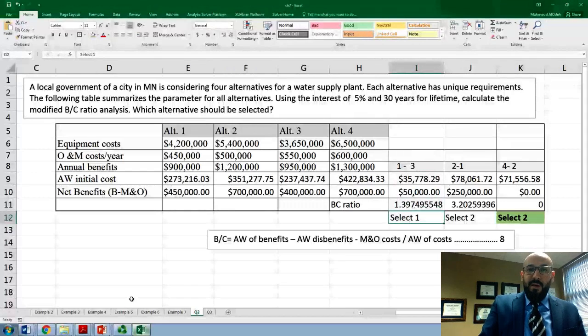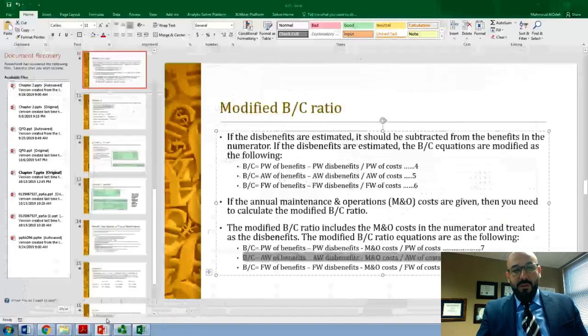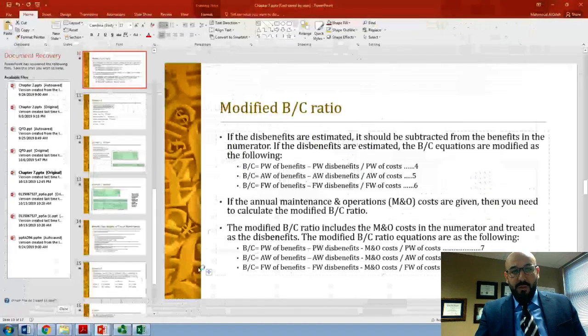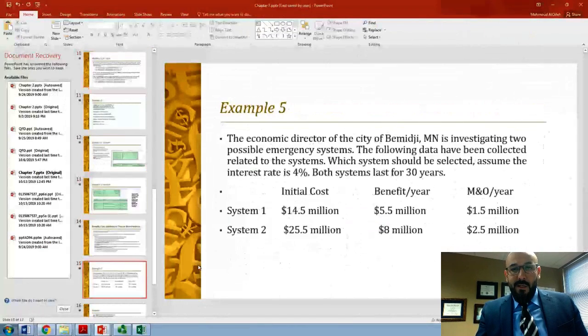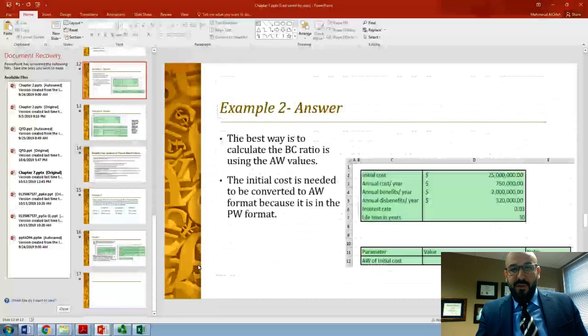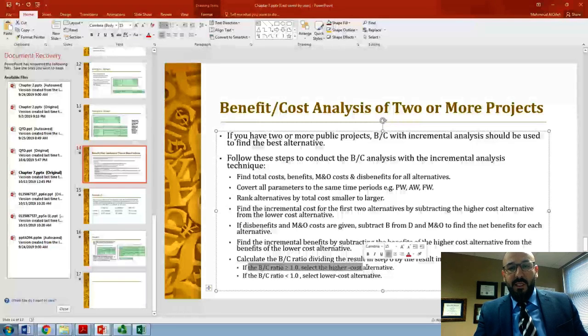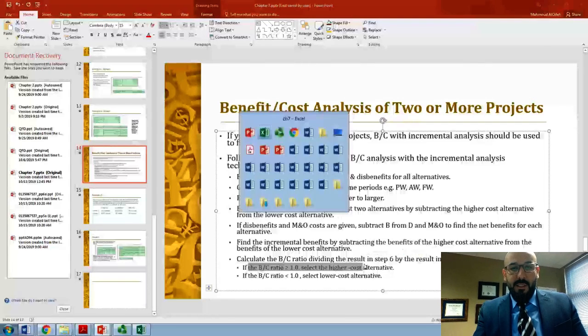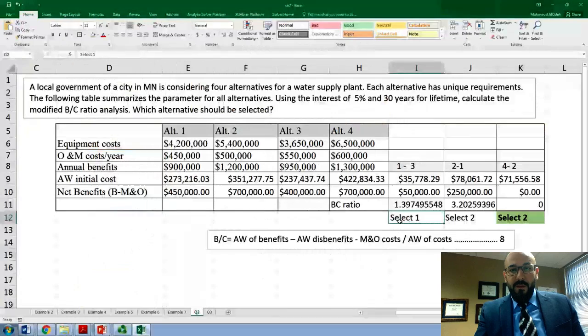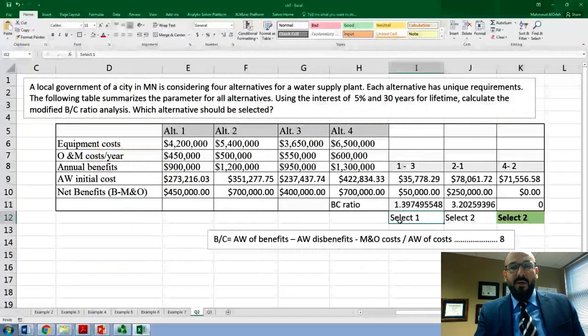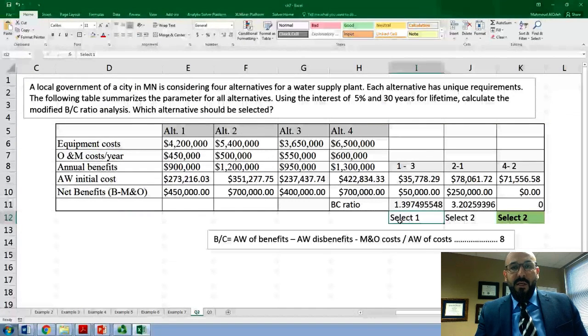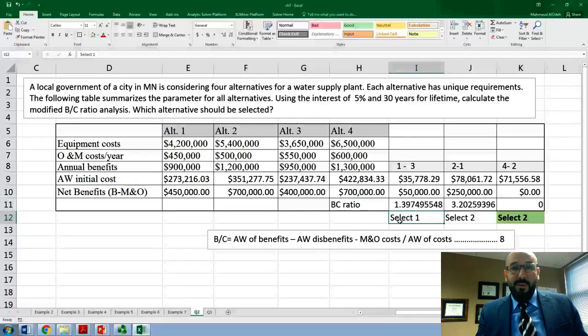Based on the incremental analysis, we use this rule of thumb on which one to select. If the BC ratio is higher than 1, which is what we have, we select the higher cost alternative. So which one has the higher cost? We select alternative 1. Alternative 3 is eliminated, it's out of the game, so we're going to keep 1.